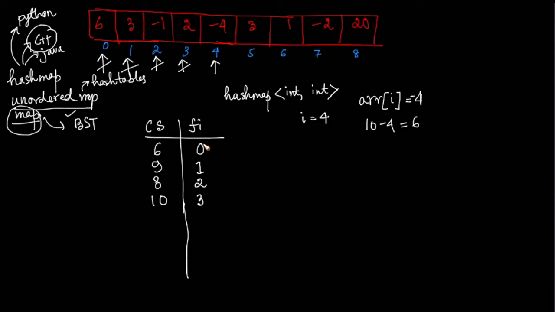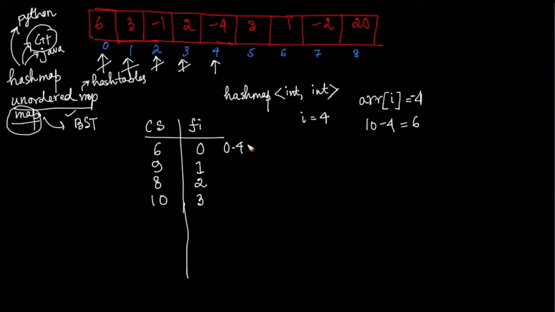The moment I see a cumulative sum which was already present in the array, I can tell you that at this location, the same sum is coming back again which came before. So cumulative sum 6 came at location 0, and cumulative sum 6 is again coming at location 4. That means there is a possible subsequence whose sum can be 0 from 0 to 4.